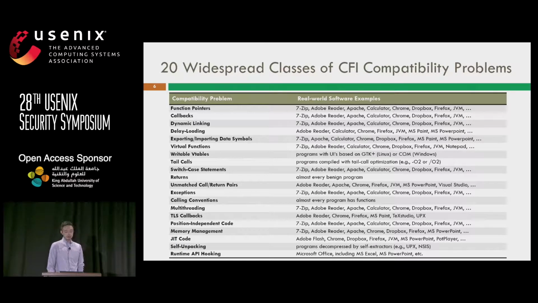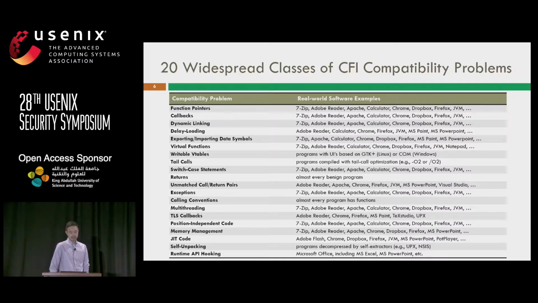In order to study the CFI compatibility limitations, we laboriously disassembled and debugged CFI algorithms applied to many, many large, complicated, closed-source software products. As a result of hundreds of man-hours of testing, we were able to come up with 20 categories of what we call widespread classes of CFI compatibility problems. So here's the list.